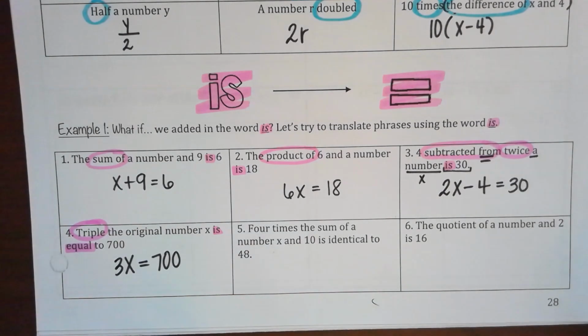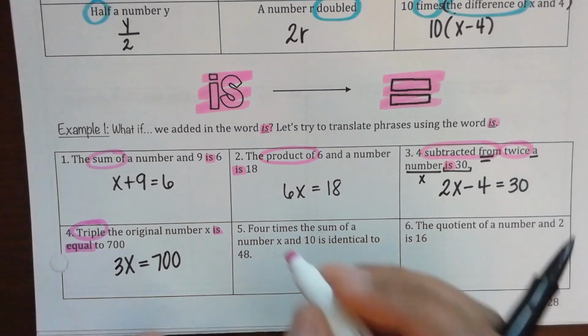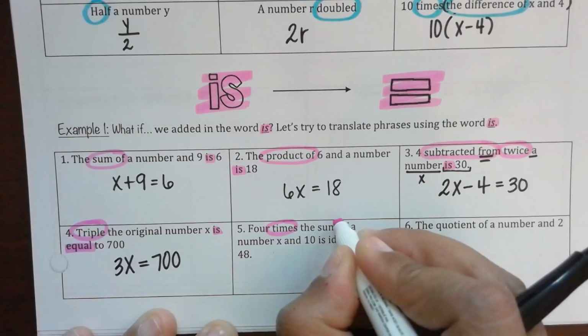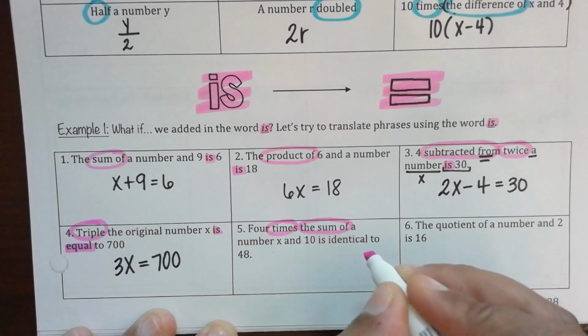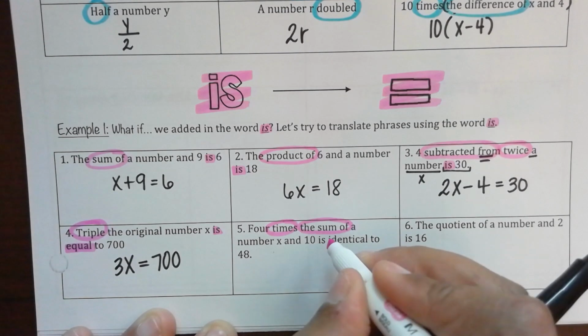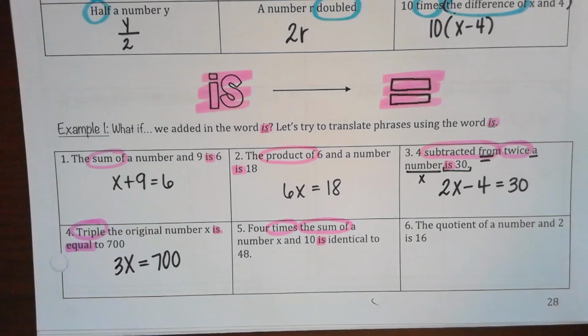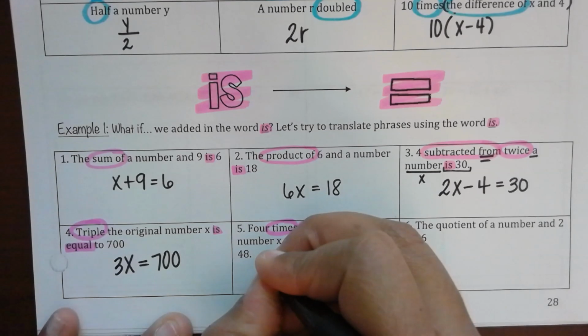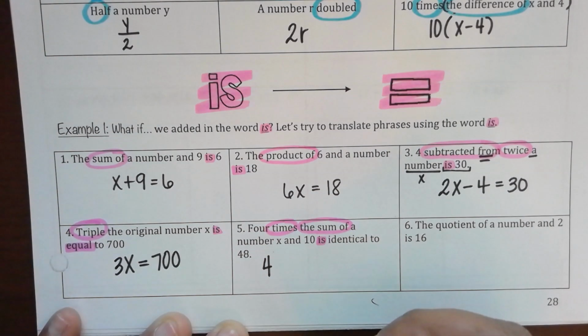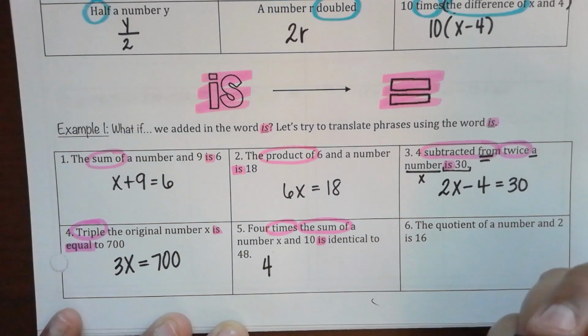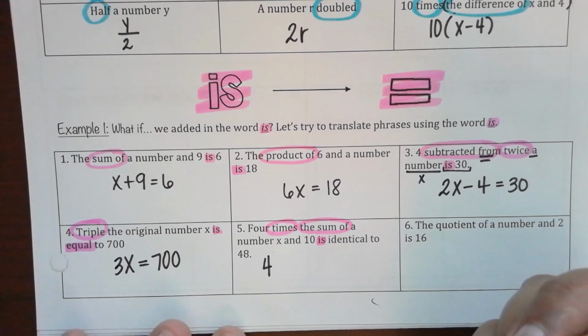4 times the sum of a number x and 10 is identical to 48. So, what are the operational phrases here? Times, sum of, and what did you say? Is. So what would come first? 4. Not quite.